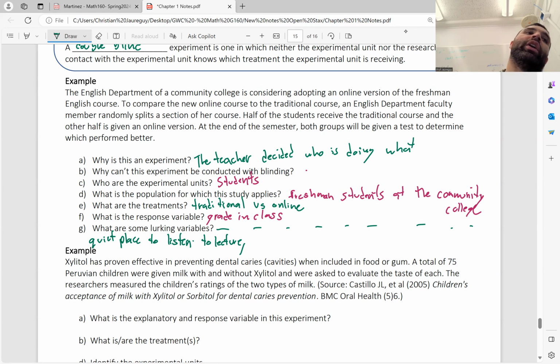It could be not so much the style of class, but just the fact that you didn't have to sit in traffic. It could be drive time. It could be scheduling. Traffic is another one that pops up. And a big one can be learning style.